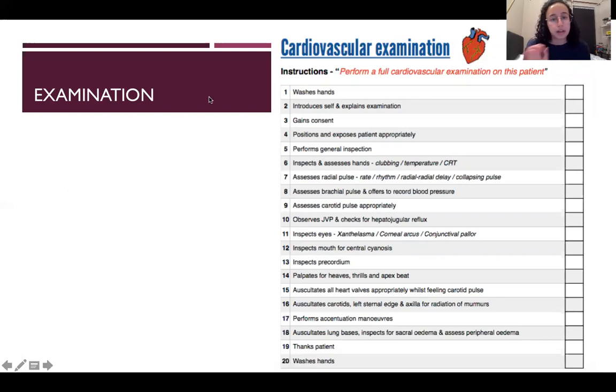So, cardiac specific signs. Throughout an examination, I want to ask you guys if you know what a collapsing pulse might indicate. You can write it in the chat.